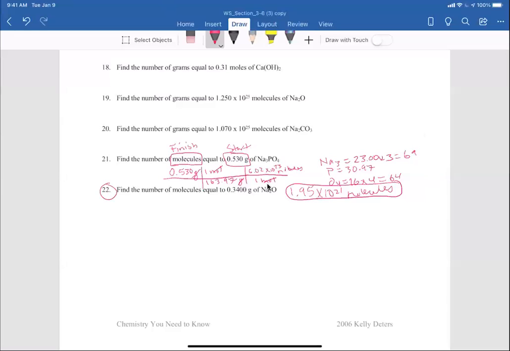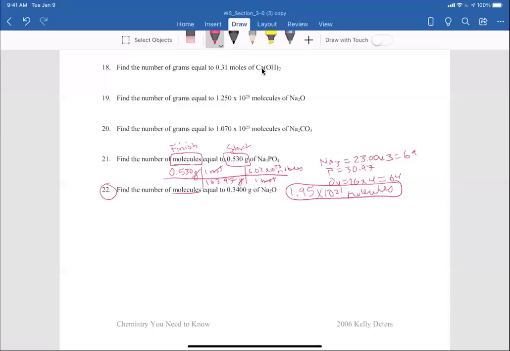All right, let's see if you guys could figure this out. Find the number of molecules equal to 0.3400 grams of Na2O. So where are we finishing, guys? Where is our endpoint? Molecules.